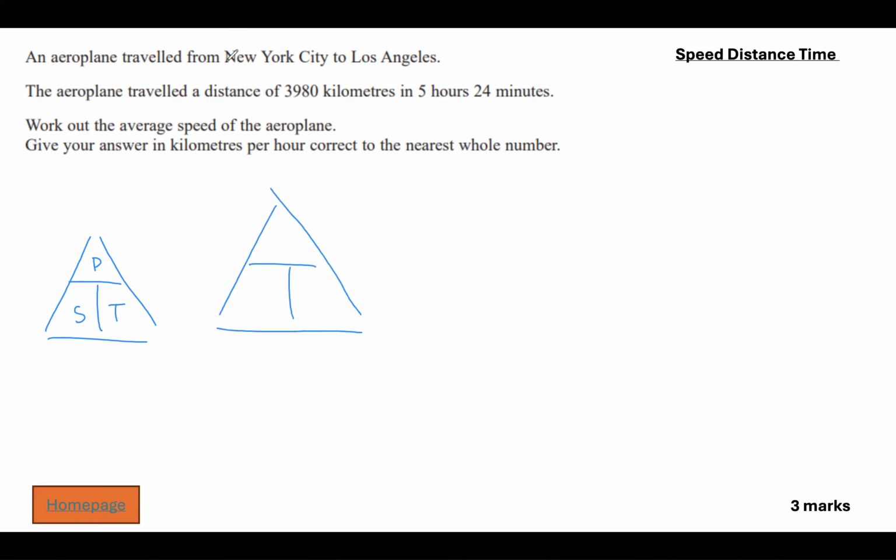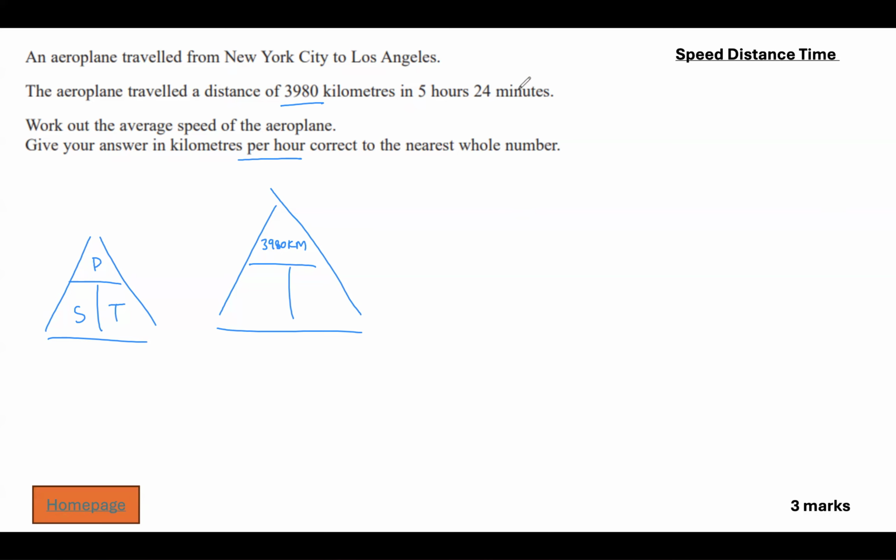And we can fill it in as we go along here. So an aeroplane traveled from New York City to Los Angeles. The aeroplane traveled a distance of 3,980 kilometers in 5 hours, 24 minutes. Now notice here it says give your answer in kilometers per hour. So the 24 minutes we need to convert to hours.